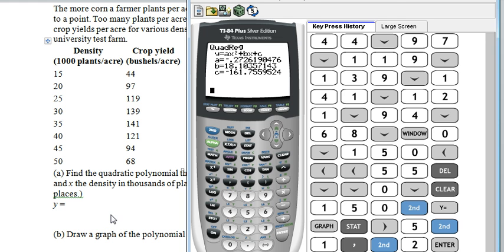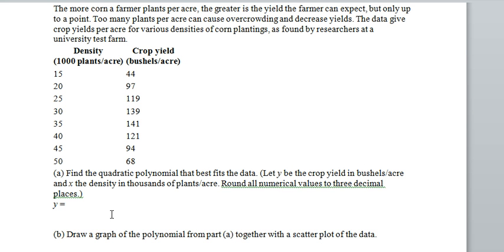And so coming back here, we're going to be plotting y versus x here, where y is the crop yield and x is the density in 1,000 plants per acre.